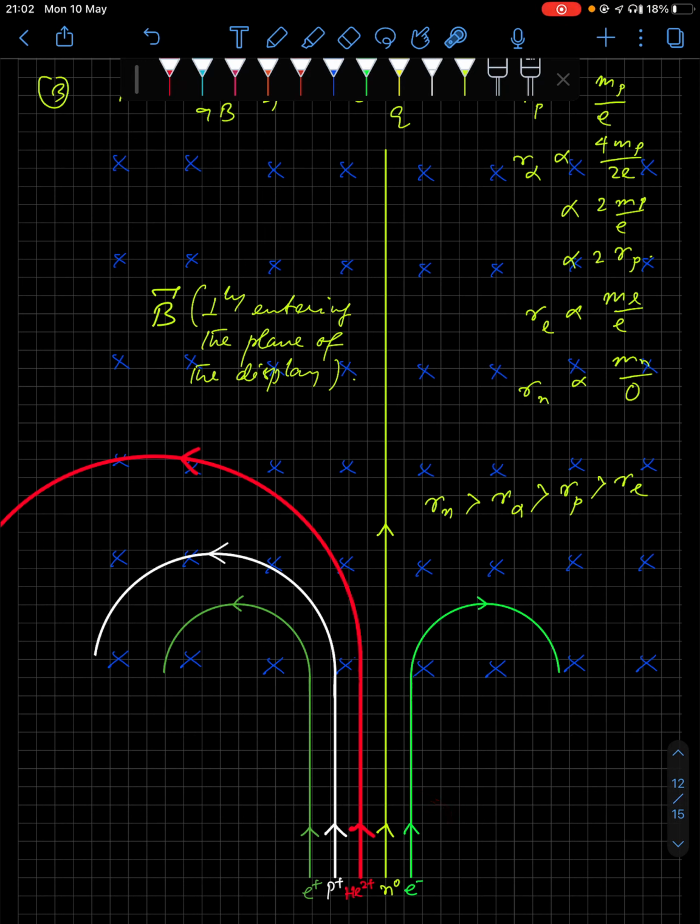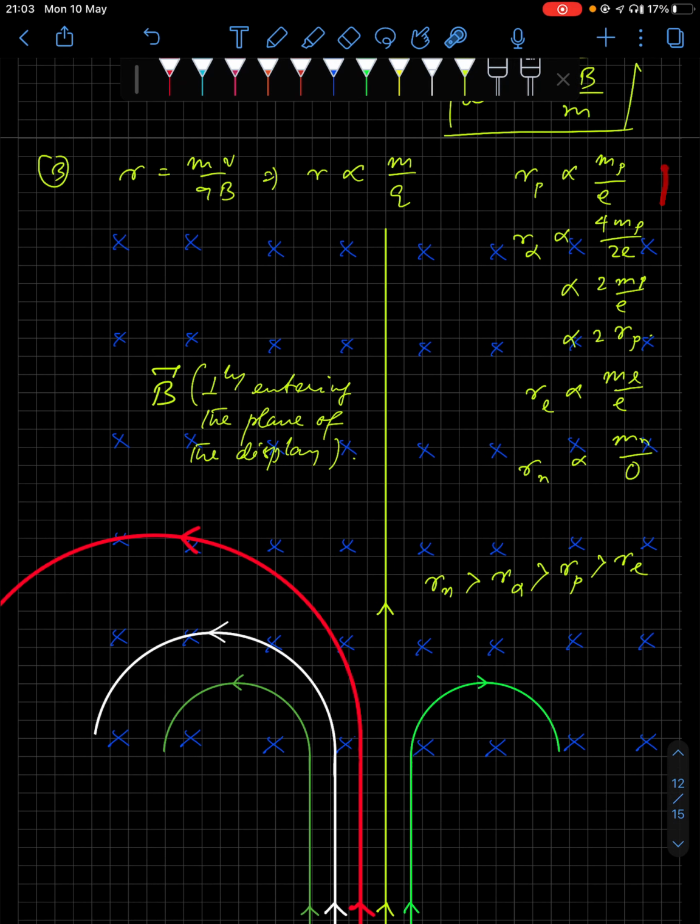In that case, the thumb will show you the direction in which the positive charge will tend to move, right? So consequently, the deflection of the negative charge will just be opposite.